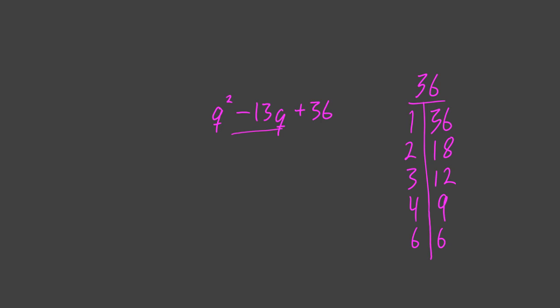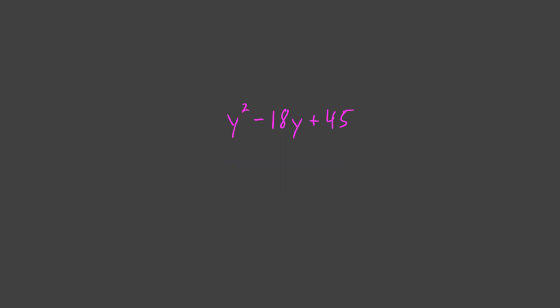Given that both of these are negative, which pair can add up to -13? Well, if we have -4 and -9, that will add up to -13. So we have q minus 9, oh, I wrote it backwards, that's okay, q minus 4. So q minus 9 times q minus 4.